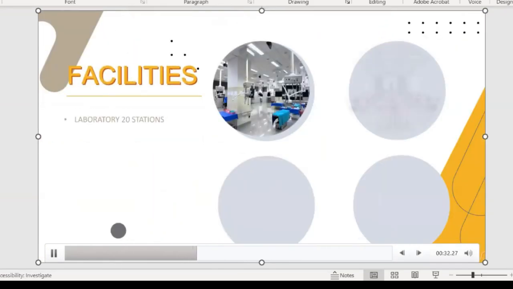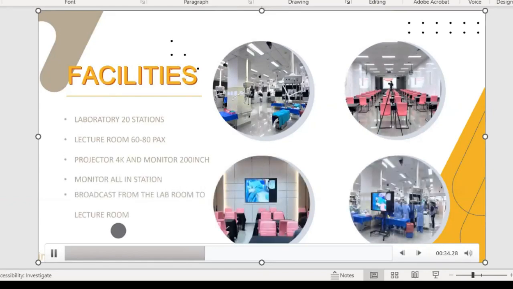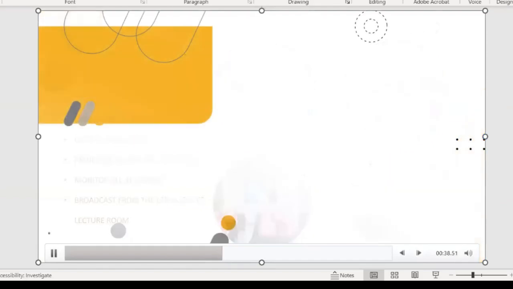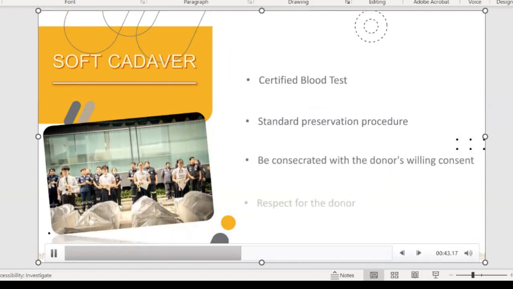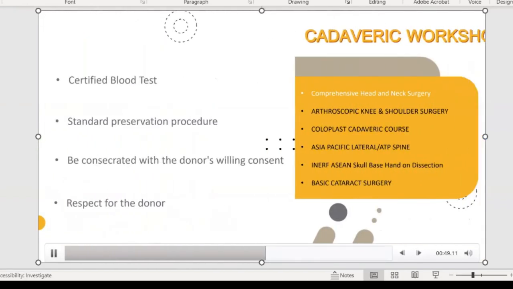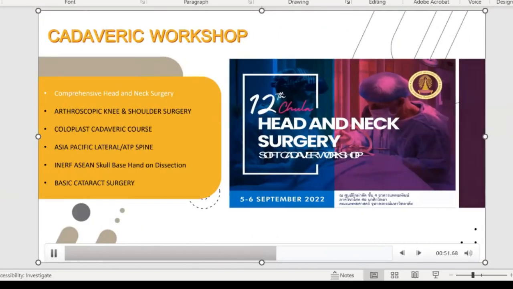We also have newly renovated conference room facilities and lab stations, and we have 4K monitors, and we are well prepared for the safety of the soft cadaver to make sure that you will be safe when you do the workshop.